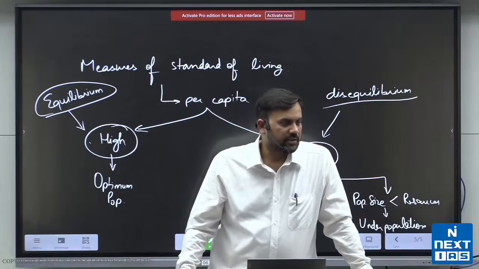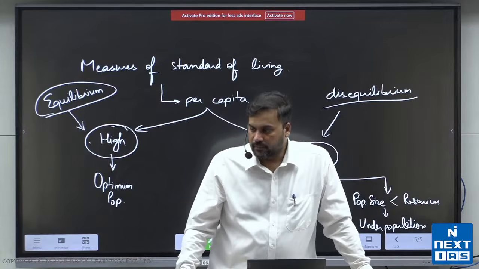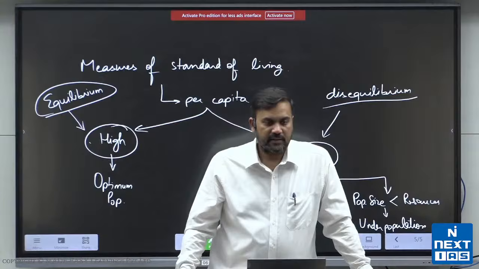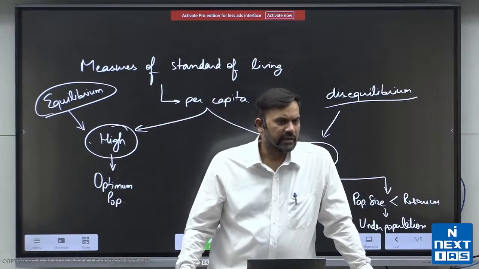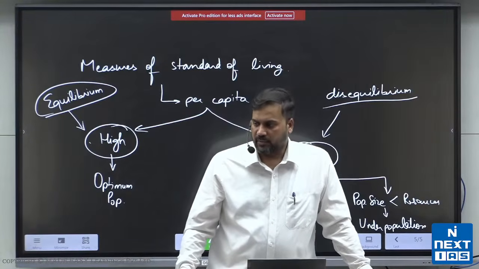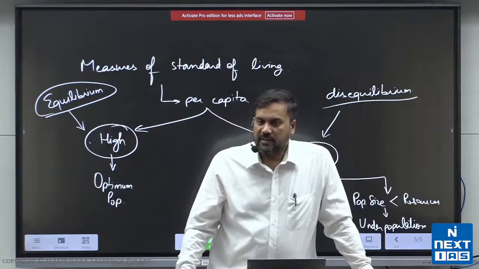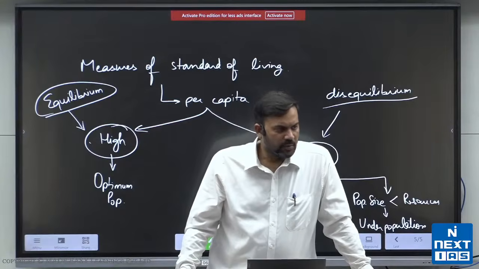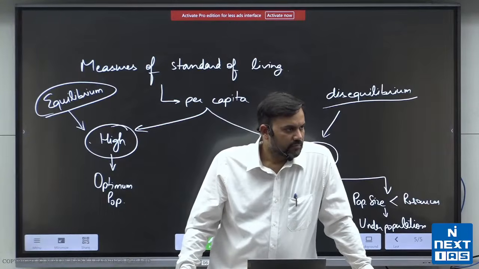Underpopulated. There the population density is actually lower. There are large stretches of areas which are uninhabited or where hardly any people are living. So they will be classified as underpopulated.